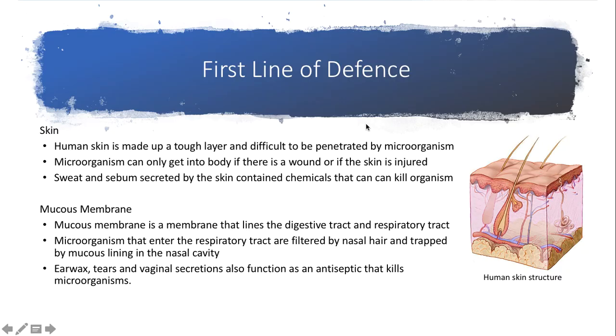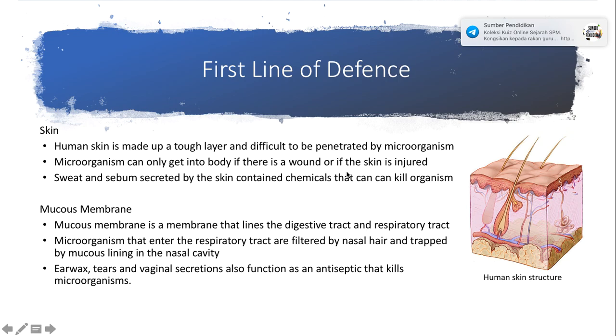Okay, let's look onto the first line of defense. The first line of defense involves skin and mucous membrane. First point, human skin is made up of a tough layer and is difficult to be penetrated by microorganism. Human skin is actually quite strong and microorganism cannot penetrate this organ unless, second point, there is a wound or the skin is injured.